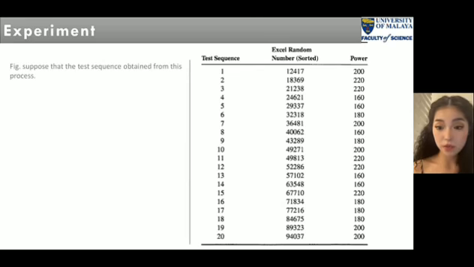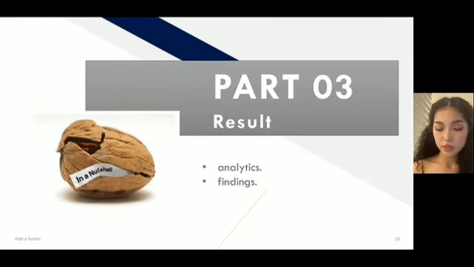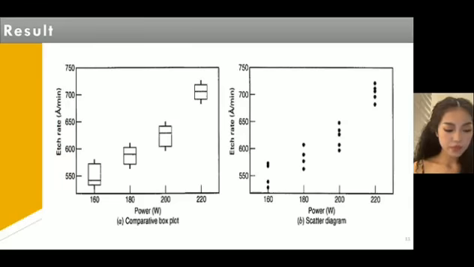Suppose that the test sequence obtained from this process is given as in this picture. So then, on the next slide, the engineer runs the experiment that we have designed in the indicated random order. The observations that she obtained on etch rate are shown in the table.